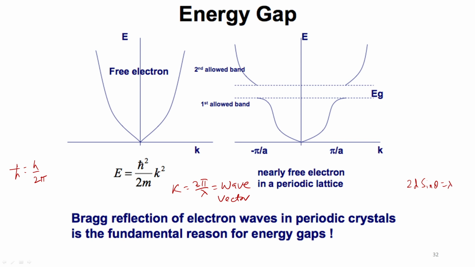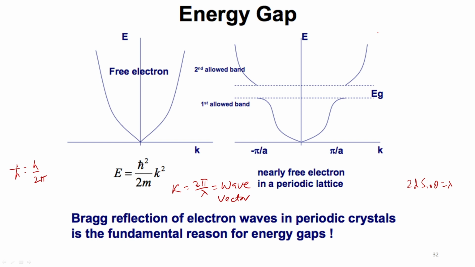For a fixed d, there are certain lambda for which this condition will be satisfied. So electrons will not be present there because they will be diffracted. That is why there is a first allowed band, a first allowed region where electron energy can lie, and there is a second allowed band possible at a higher energy level.